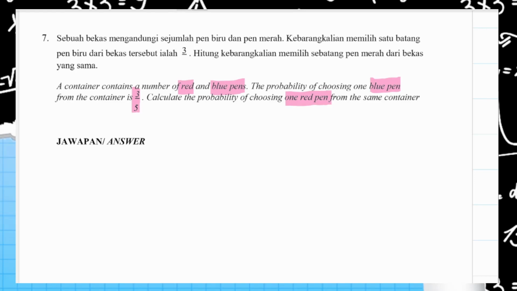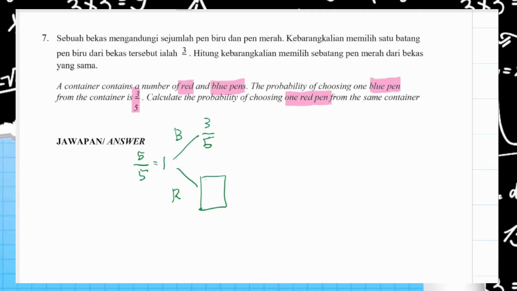They have given the value for blue and ask you to find red. If we use a tree diagram, here we have 1, or 1 is actually 5 over 5. Given for blue, we have 3 over 5, right? So for red, can you guess? Question like this, like your trial, right?